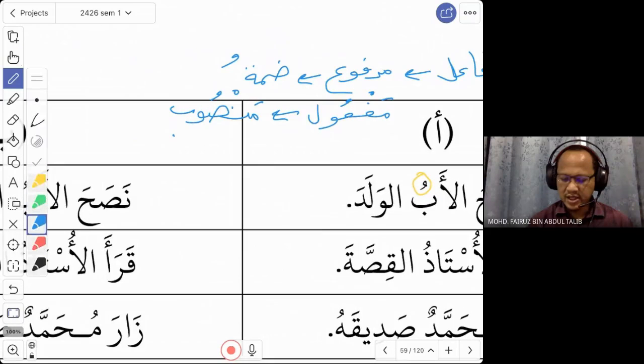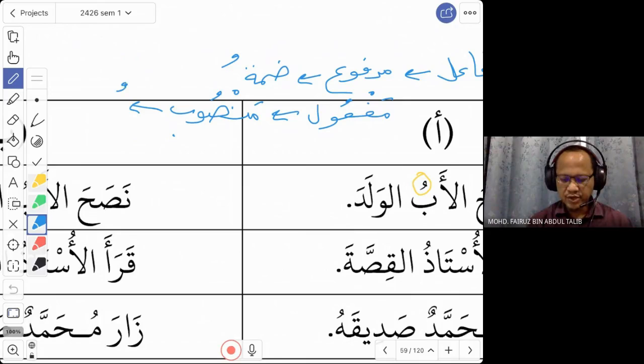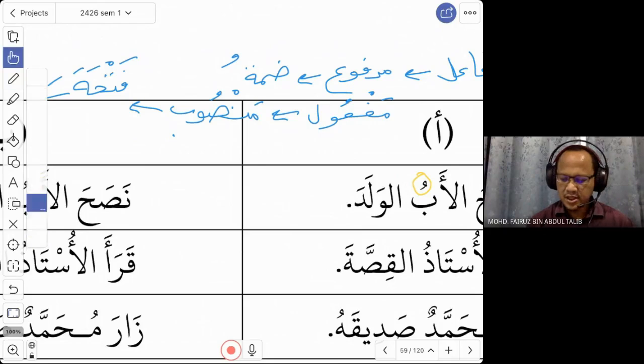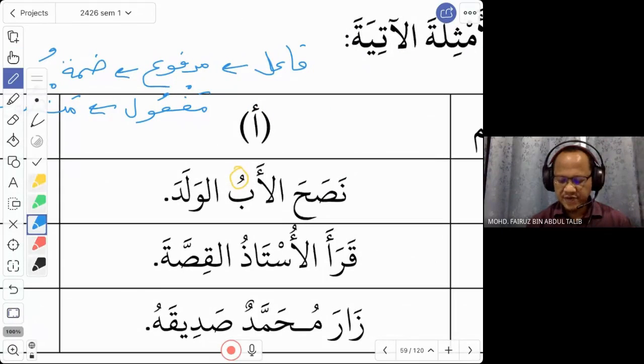Normally you will see fatha. That is why for this word you have a fatha. By knowing all this, whether it is a fa'il or a maf'ulun bih, you know the ending, and you will be able to determine, oh, this is the doer, this is the object.